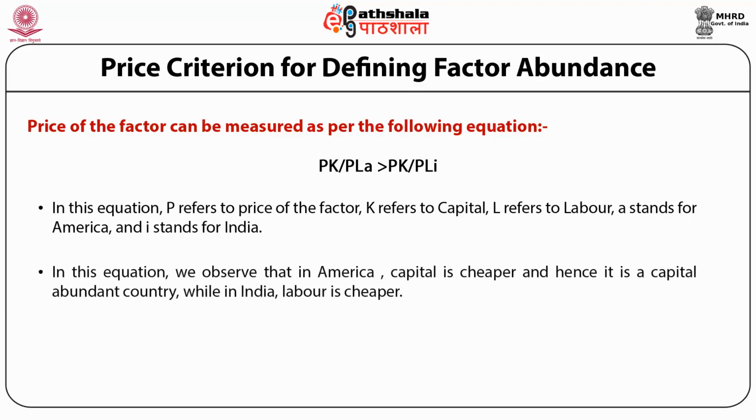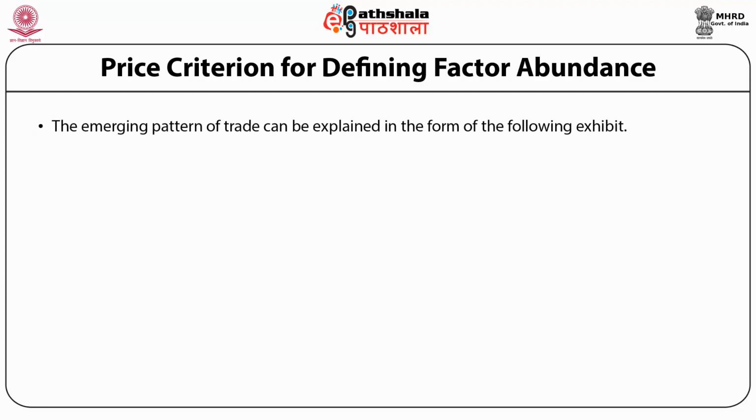In this equation, we observe that in America, capital is cheaper and hence it is a capital abundant country, while in India, labor is cheaper. The emerging pattern of trade can be explained in the form of the following exhibit.